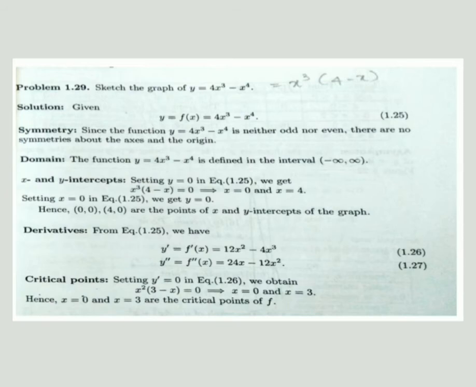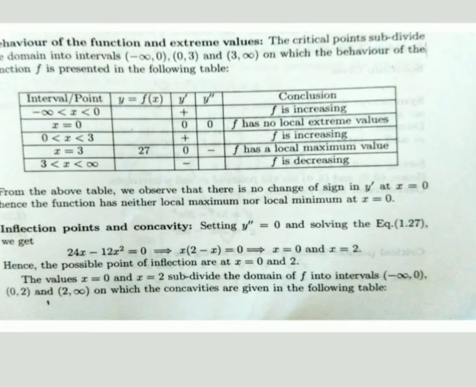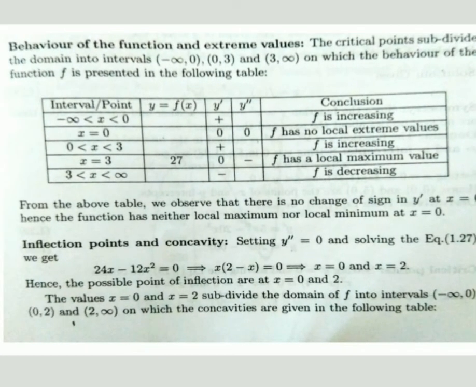Derivatives will be 12x square minus 4x cube. Next, y double dash will be 24x minus 12x square. So therefore the critical points will be 0 and 3. So again that subdivides the intervals. In the first interval minus infinity to 0, y dash will be positive, f is increasing. x equal to 0, critical point, y double dash is also 0.